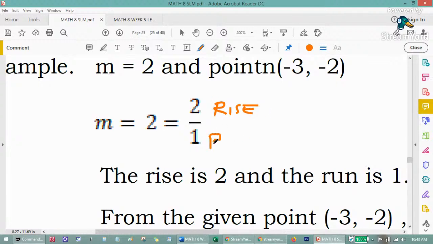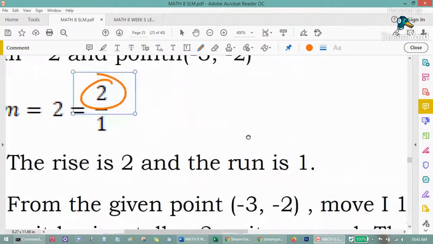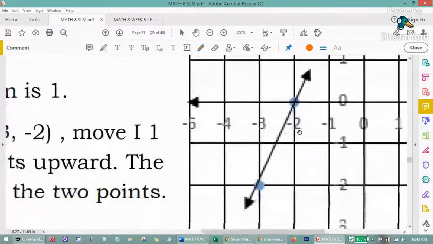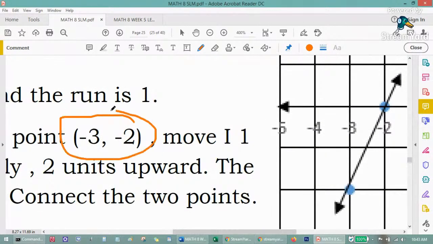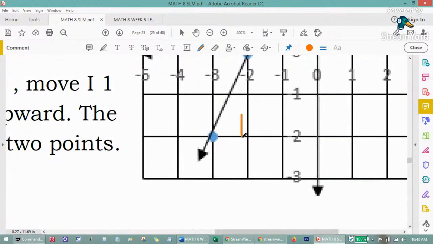Ano naman ang magiging run? Okay? So, rise natin is 2. Ito yung point natin, no? Wala pa to, no? Ito yung negative 3, negative 2.